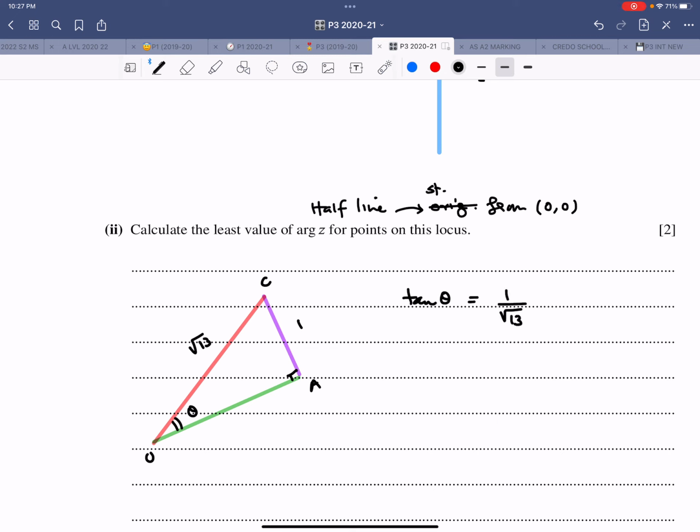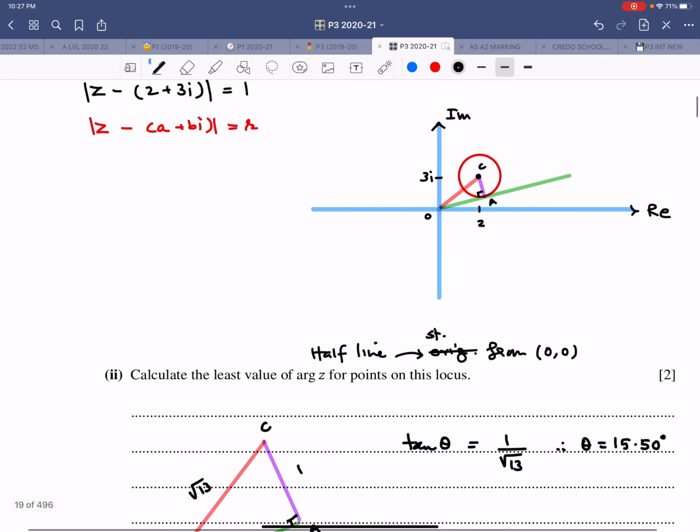Going to my calculator, root 13, reciprocate it, in degree format, tan inverse, this comes out to be 15.50 degrees. That is this angle.